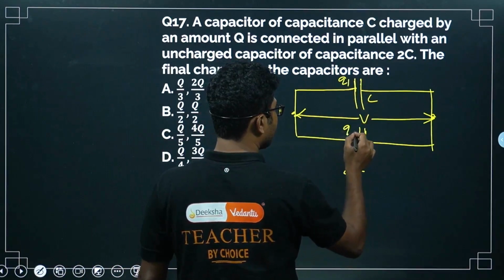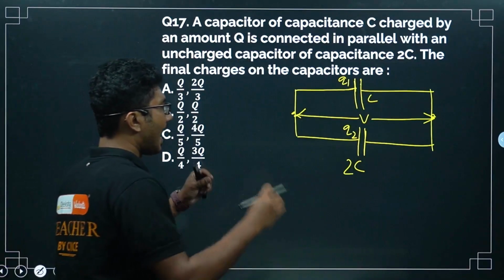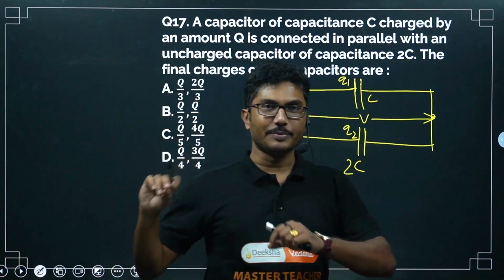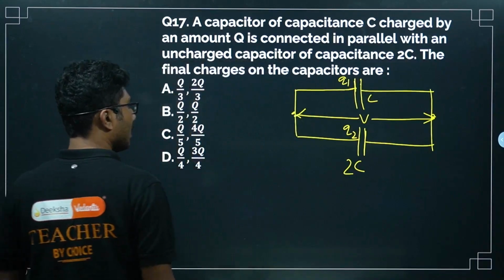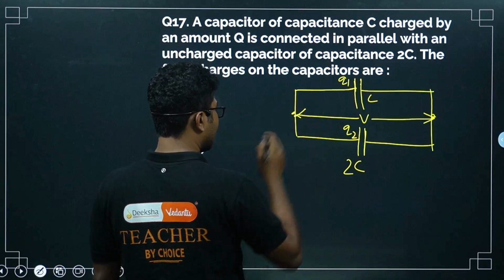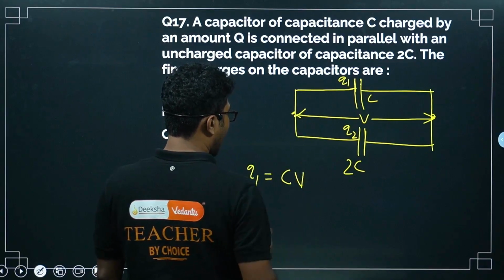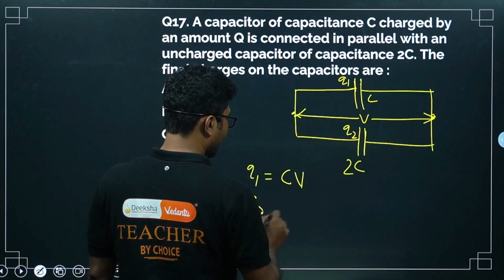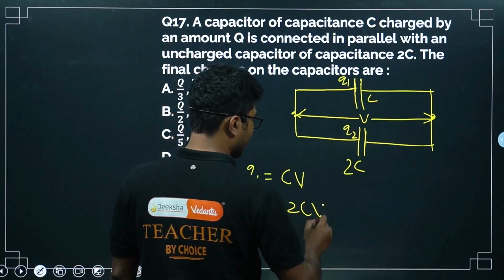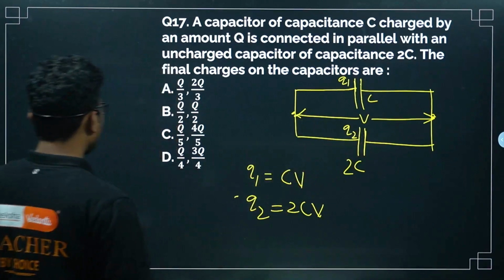Suppose the charges on these two capacitors are Q1 and Q2. At equilibrium they are at equal potential. So we can write Q1 equals CV and Q2 equals 2CV, for this capacitor and that capacitor respectively.